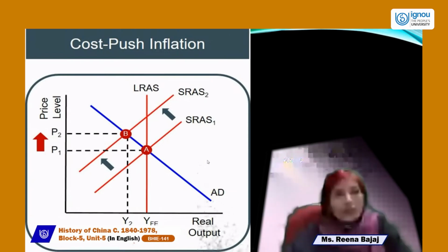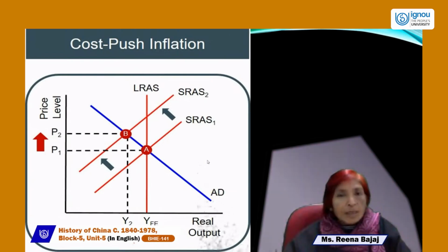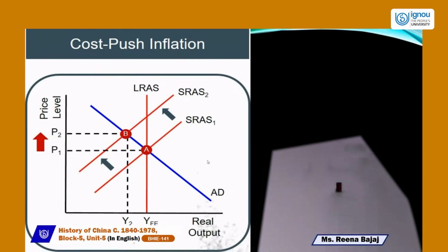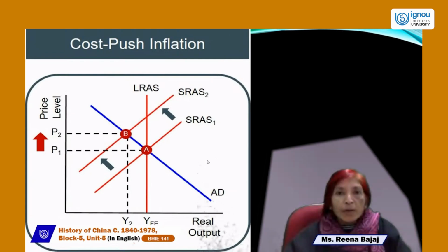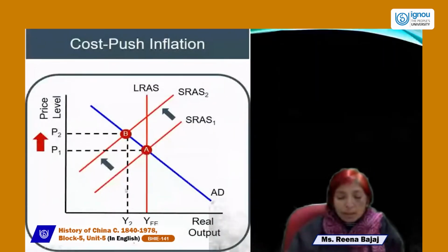When aggregate supply shifts due to a rise in costs, at this equilibrium point the price level will rise from P1 to P2 and the income level will fall from YFE to Y2. So this is the situation of cost push inflation.